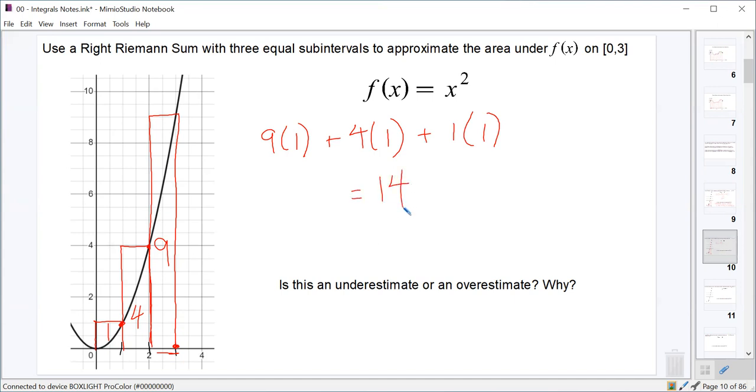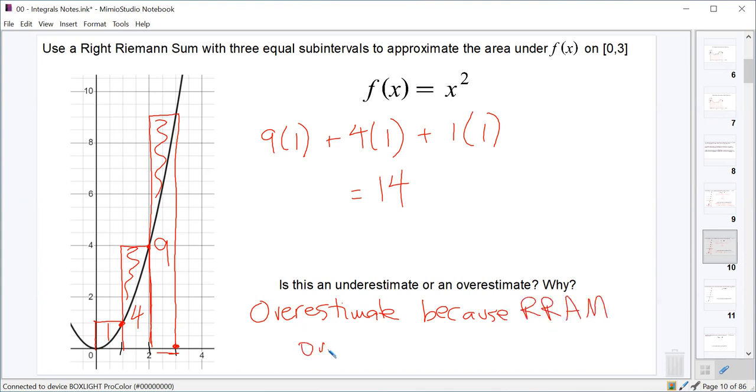And just by looking at it, we can see that this is way over. We got all these chunks that are over, but we know it's an overestimate because this is a right Riemann approximation or right rectangular approximation on an increasing function.